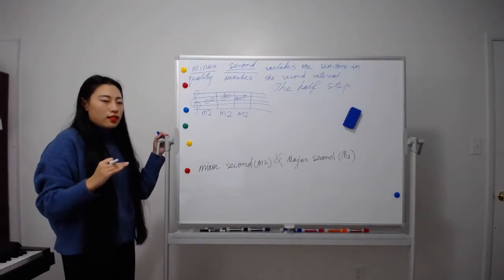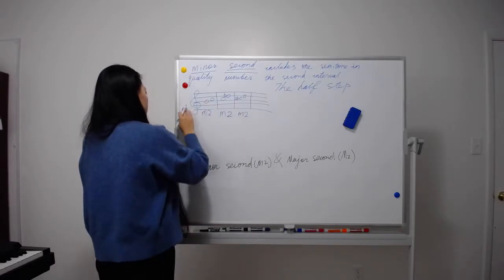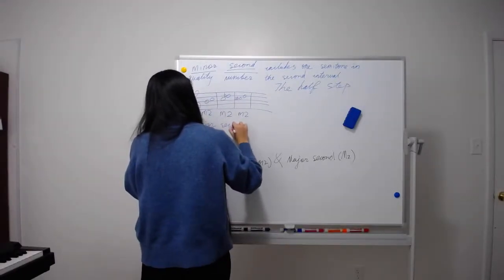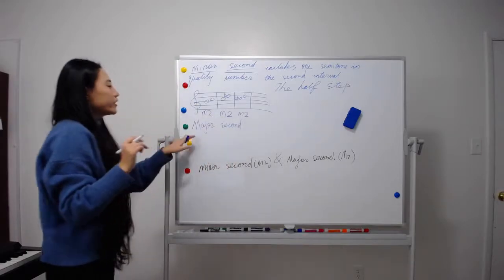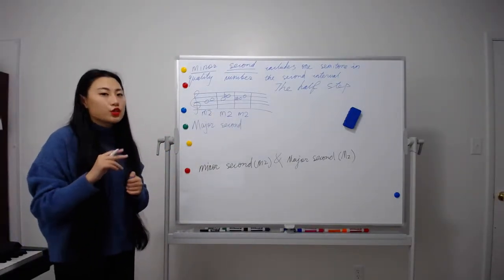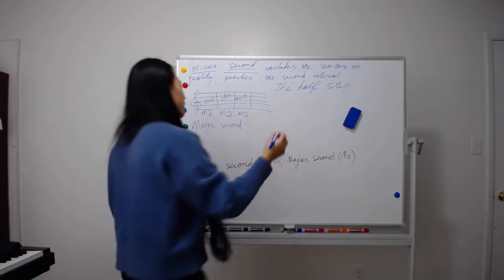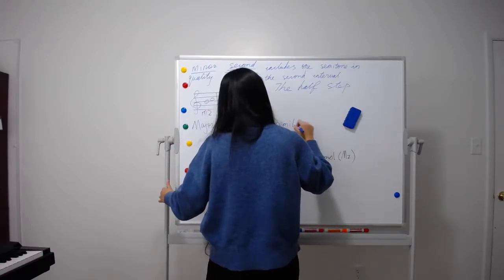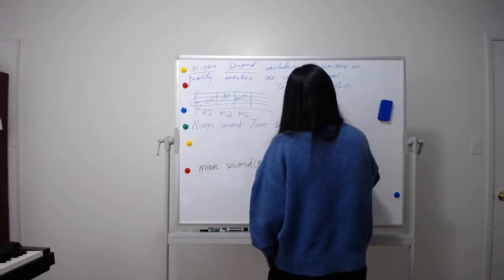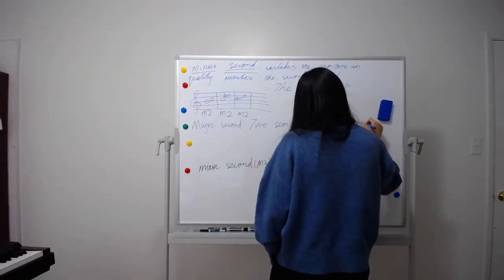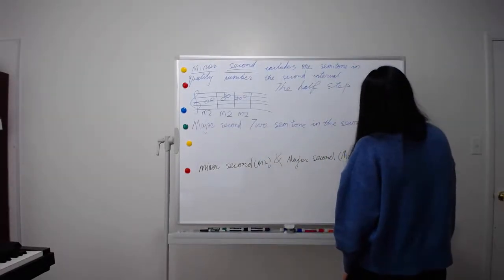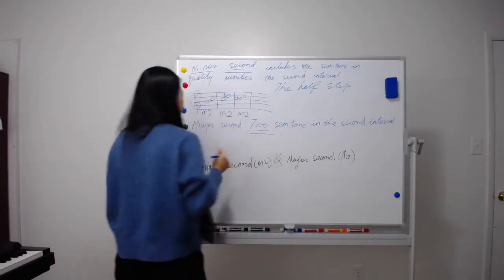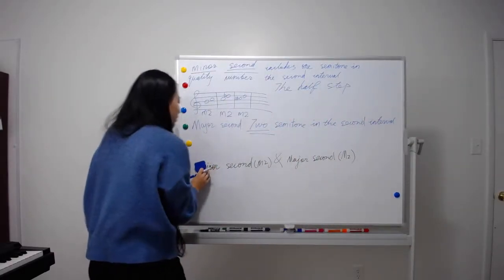Now let's move to a major second. The definition of major second includes 2 semitones in the second interval. Let's take a look at examples.